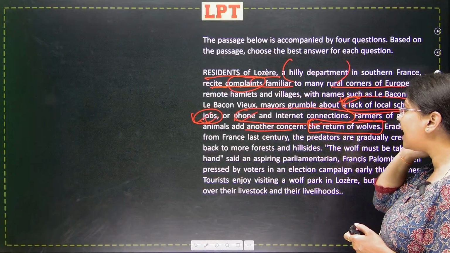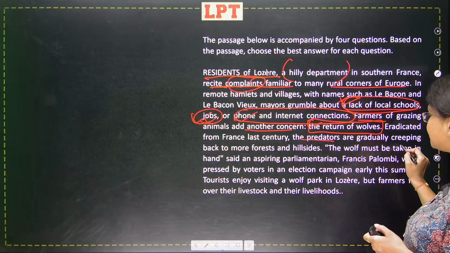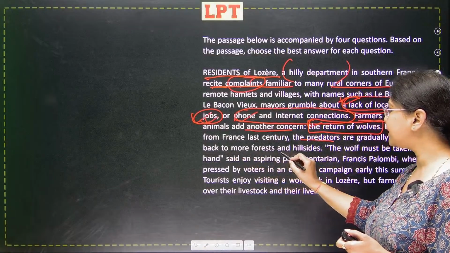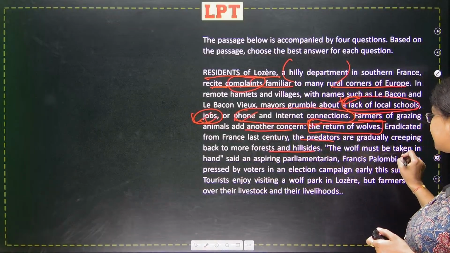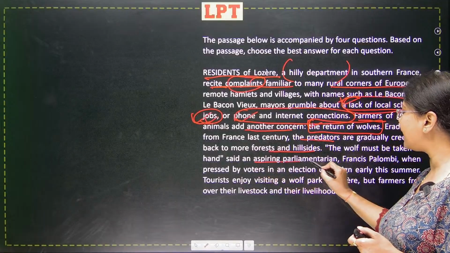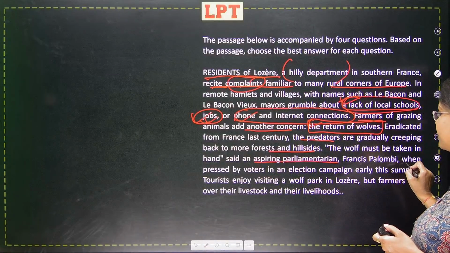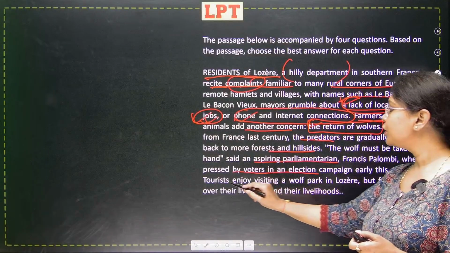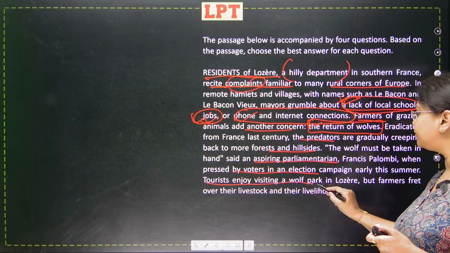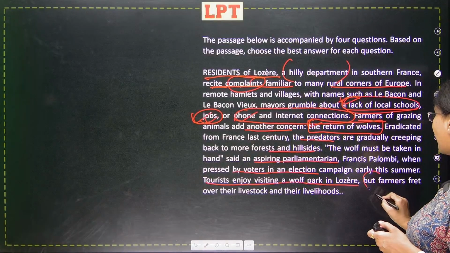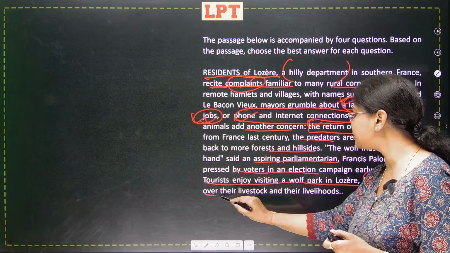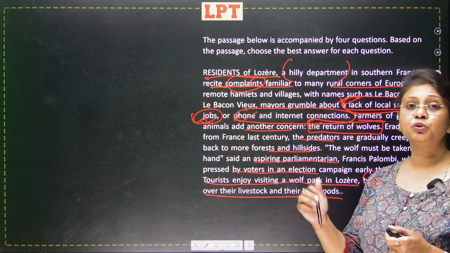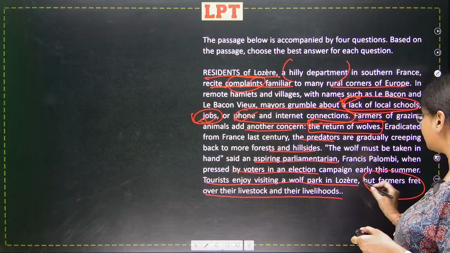Eradicated from France last century, the predators are gradually creeping back to more forest and hillsides. The wolf must be taken in hand, said an aspiring parliamentarian, when pressed by voters in an election campaign early this summer. Tourists enjoy visiting a wolf park in Lozère, but farmers fret over their livestock and their livelihoods. So tourists are fine, and then it just talked about the farmers.